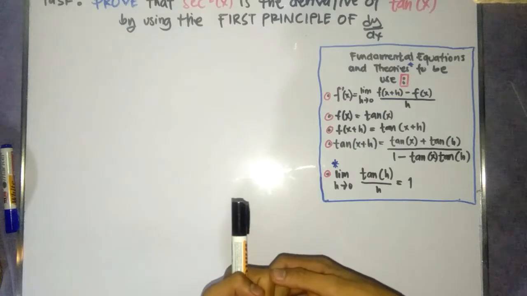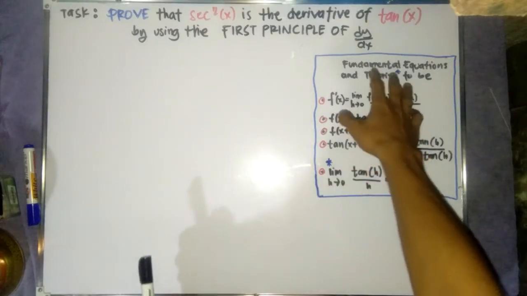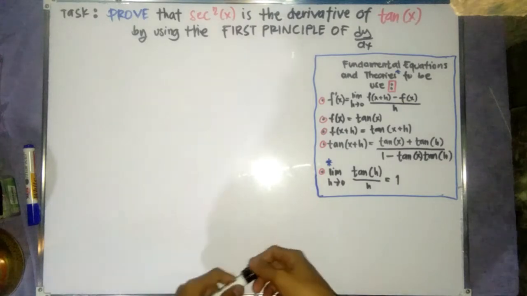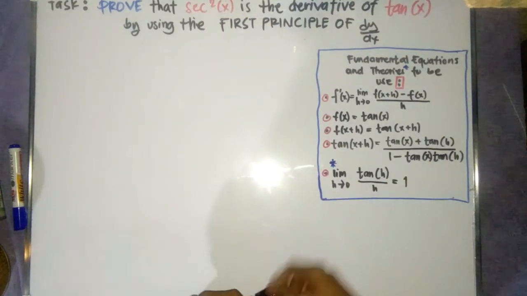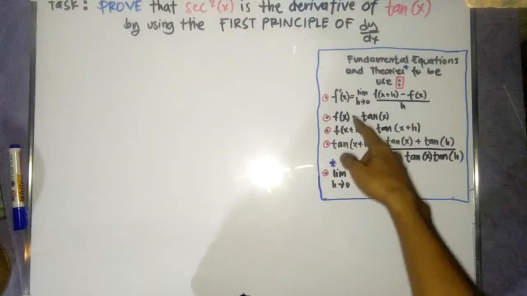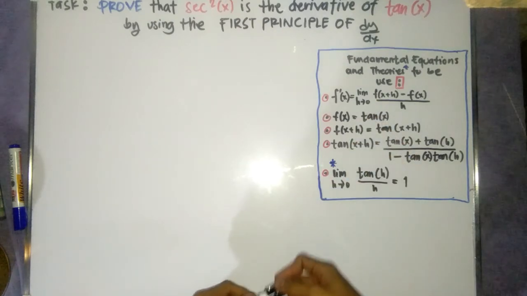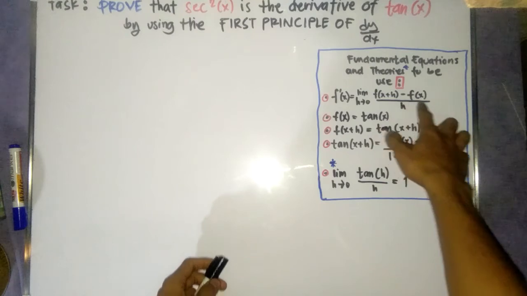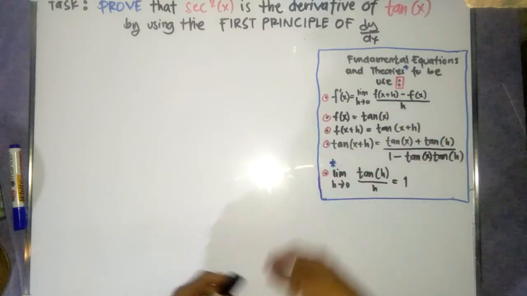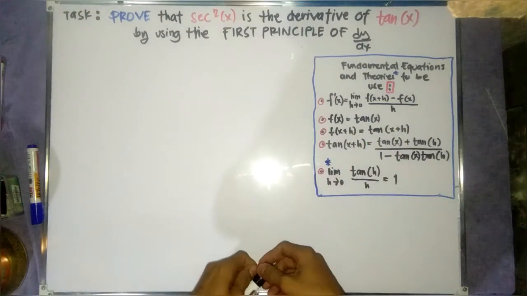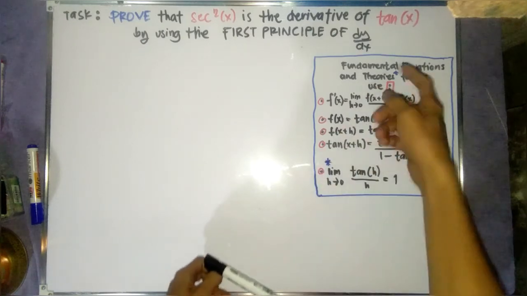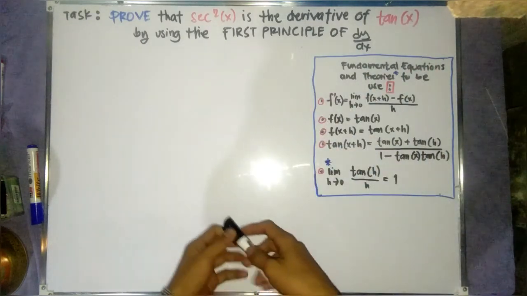So before we start, here are some of the fundamental equations and theories to be used during our discussion. By the definition of derivative, f prime of x is equal to the limit as h approaches 0 of f of x plus h minus f of x all over h. So yan po yung equation na gagamitin natin to prove that the derivative of tangent is secant squared x.